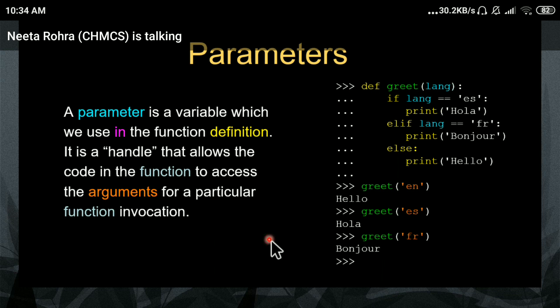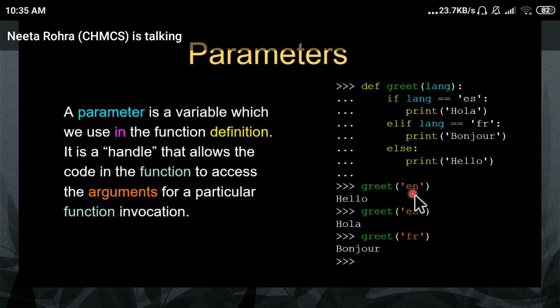This is a user defined function. Based on the value you're passing, it is generating some outputs. So this is a definition of a function greet. It accepts some value. So lang is nothing but your language parameter which is passed down to the greet function. When this function is given a call, it sends en.